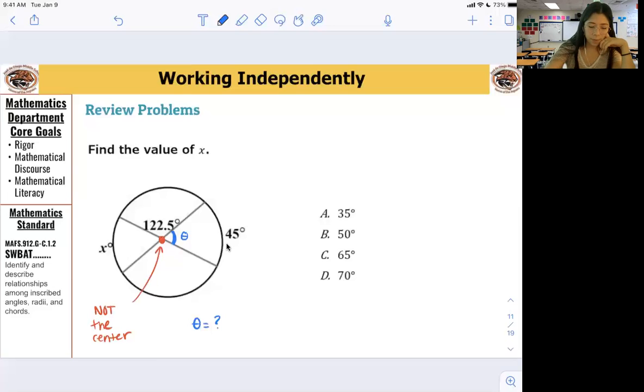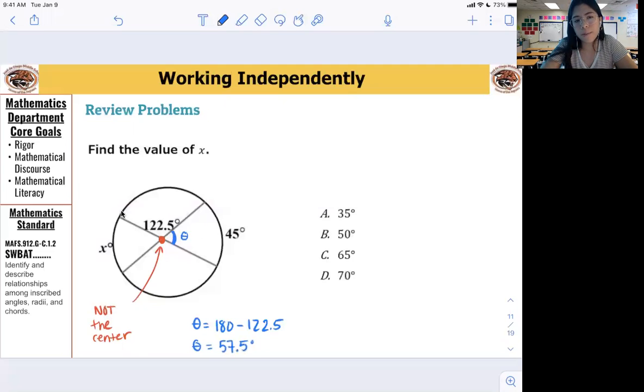We can just subtract from 180. 180 minus 122.5, what does that give me? 57.5. Okay, so theta is 57.5.